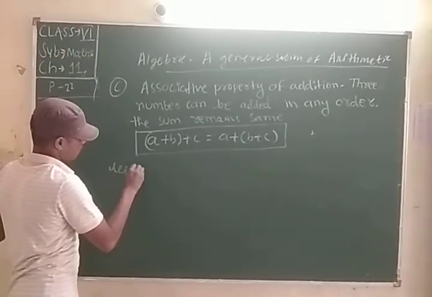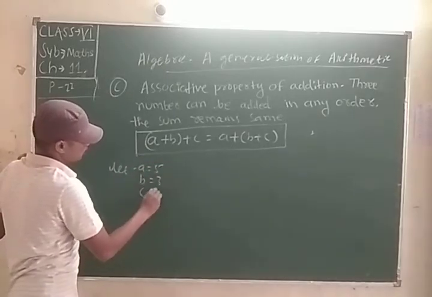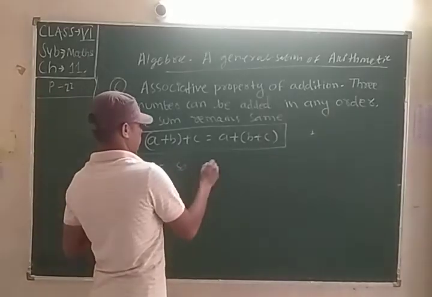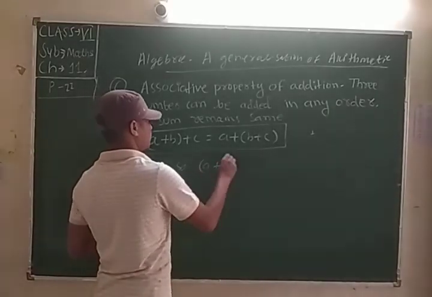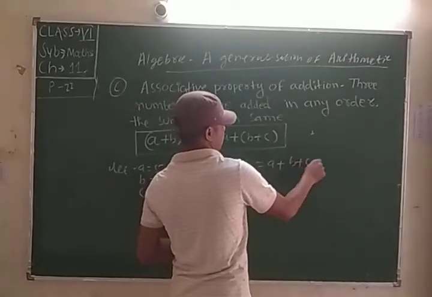Let a equal to 5, b equal to 3, c equal to 1. Now we know the rule. So (a plus b) plus c equal to a plus (b plus c).